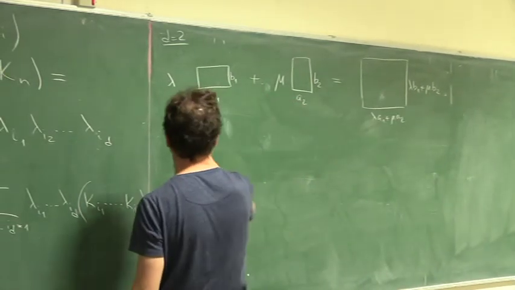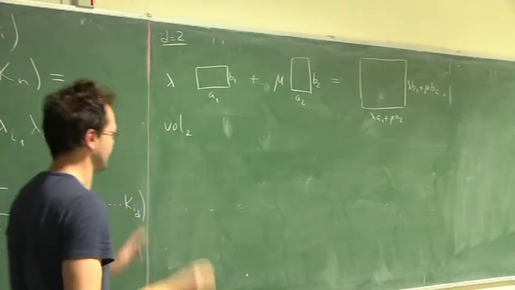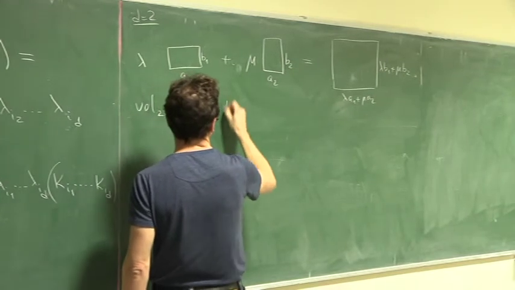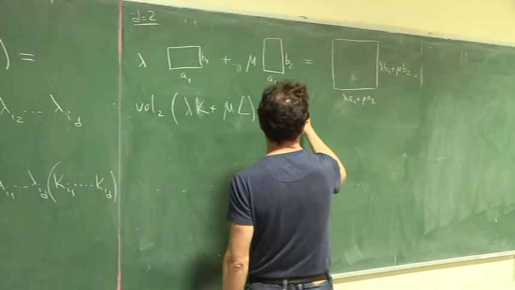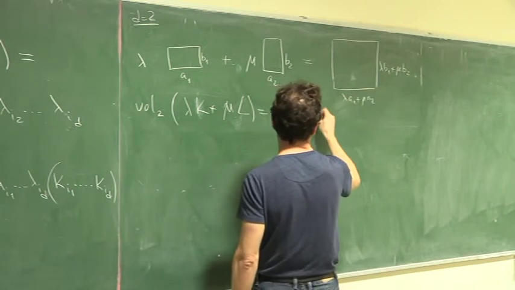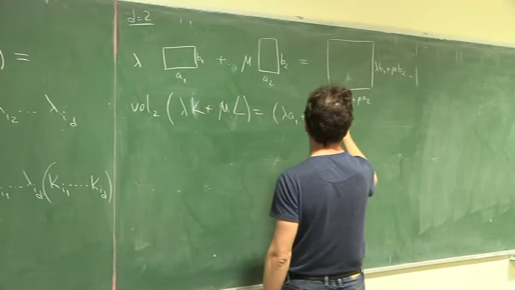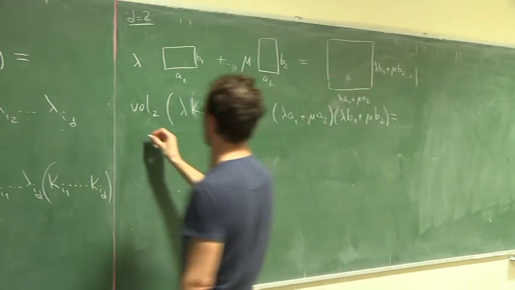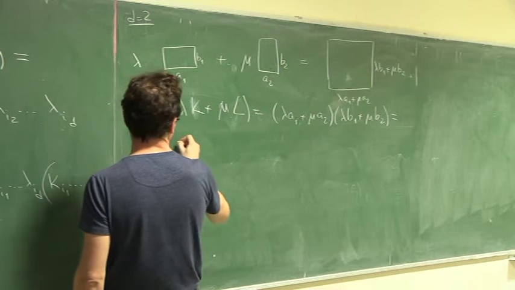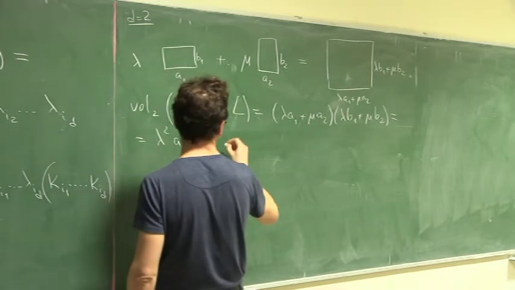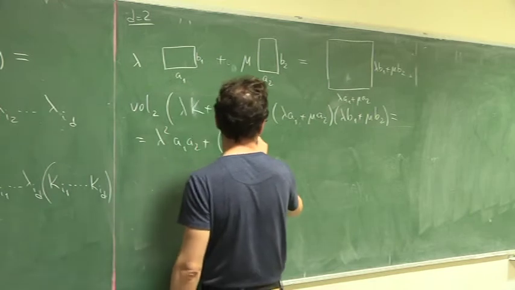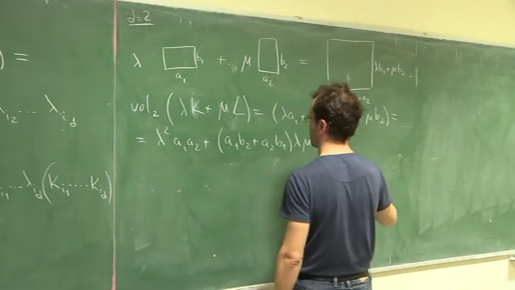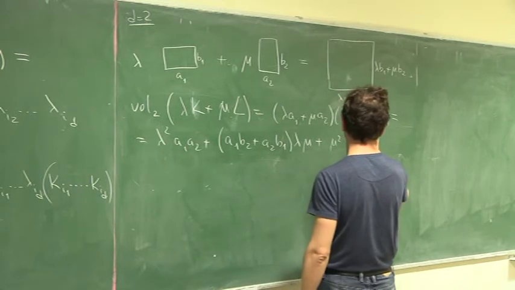Okay, so the two-dimensional volume of that, so this combination, lambda K plus mu L is equal to the product of the side lengths, lambda A1 plus mu A2 times lambda B1 plus mu B2, which is equal to lambda squared A1 A2 plus A1 B2 plus A2 B1 times mu plus mu squared B1 B2.